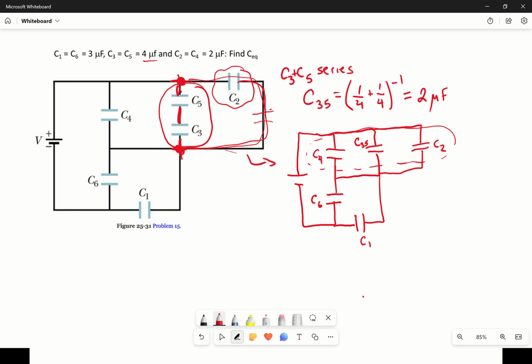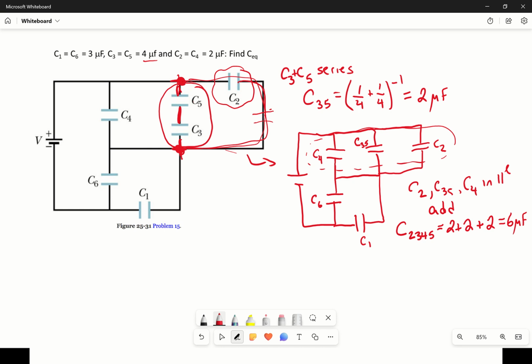So C2, C3,5, and C4 are in parallel. So we just add them directly. So let's call it C2,3,4,5. C2 is 2, C3,5 was 2, and C4 is 2. So that's going to be 6 microfarads.